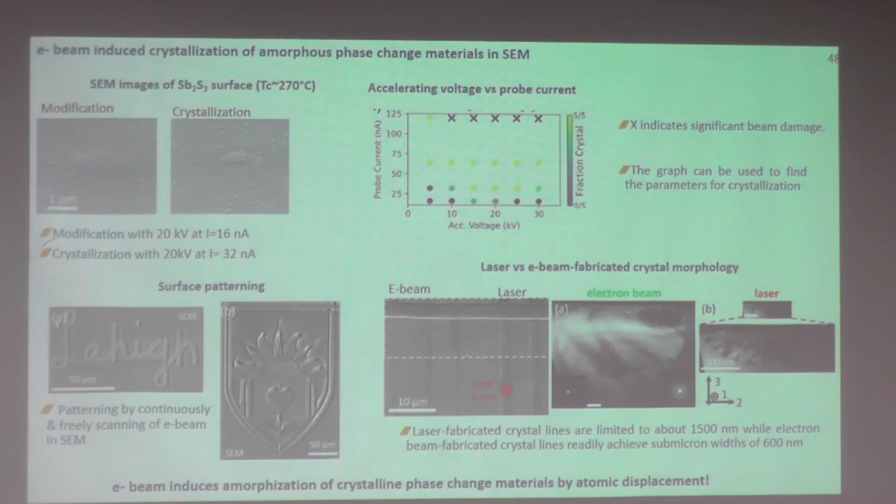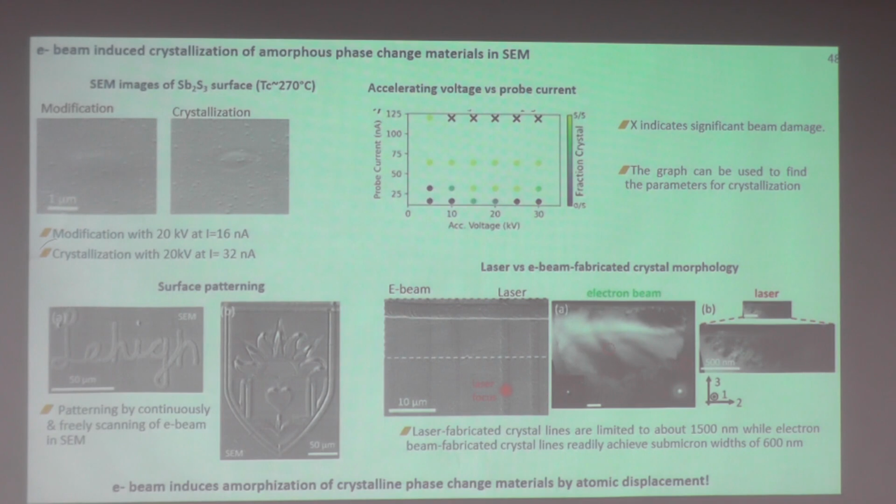Here we talk about energies which are much lower compared to the TEM. This is like 30 keV. This modification was achieved at 20 keV and at a beam current of 60 nanoampere.